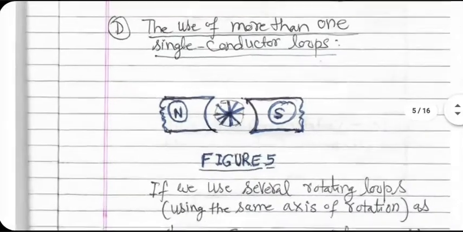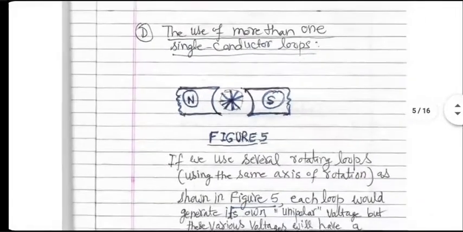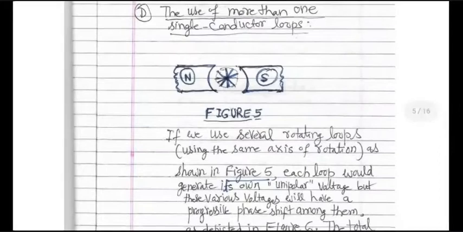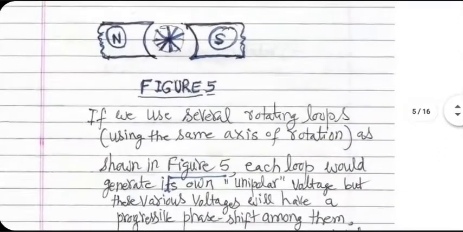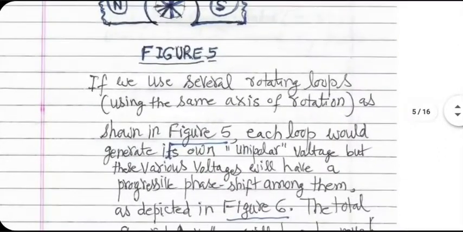Okay. So what happens? If we use several rotating loops using the same axis of rotation, each loop would generate its own unipolar voltage, as we have seen, but these various voltages will have a progressive phase shift among them, because each will start at zero at some value of theta, which will be different.